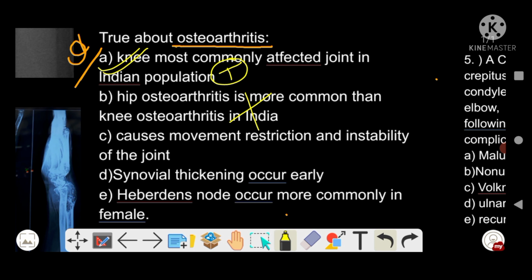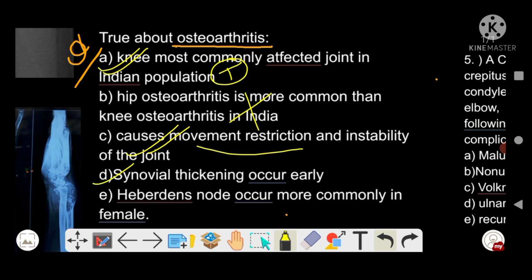Then they mentioned that osteoarthritis causes movement restriction and instability of the joint. That is true, we saw, because there occurs bone remodeling, bone sclerosis, osteophyte formation, joint space narrowing, movement restriction, and joint instability. Of course, these are all true.